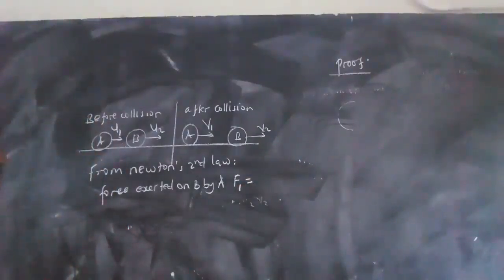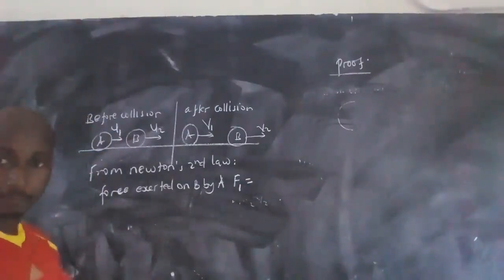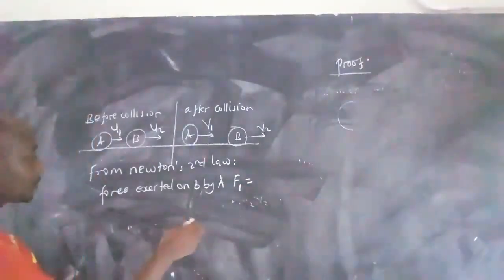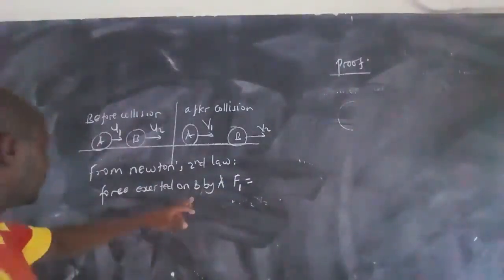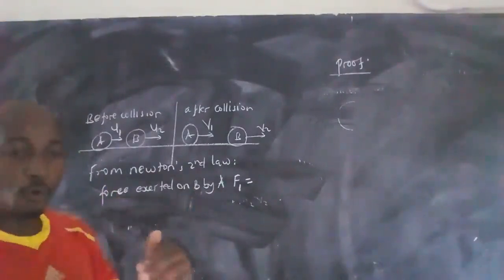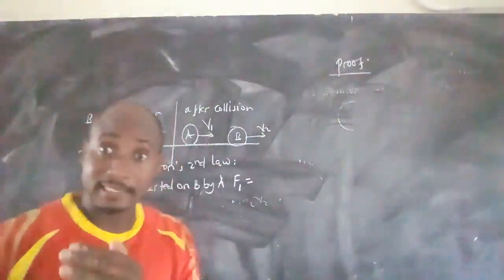But we know that force is equal to the rate of change of what? Momentum. Mass times change in velocity over time. So if A exerts force on B, who moves? Is it A to move or B to move?